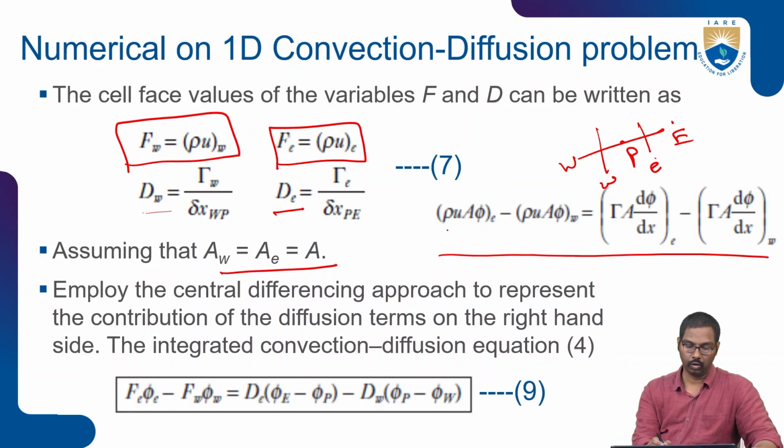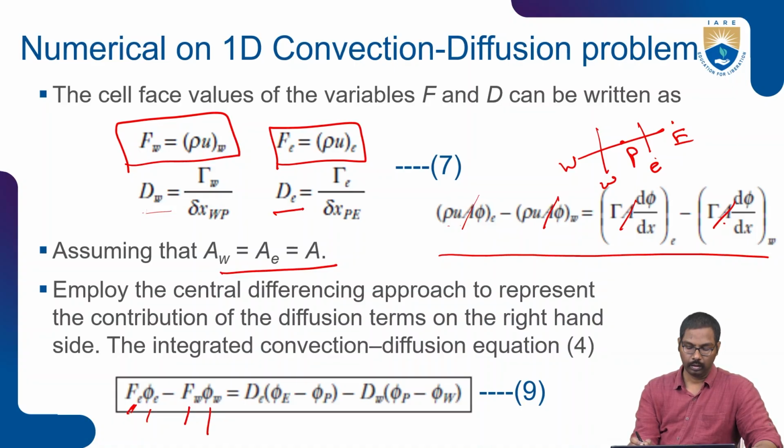Here, in all the cases capital A can be cancelled, then ρu of E, that is Fe φE, minus ρu of W, that is Fw φW.